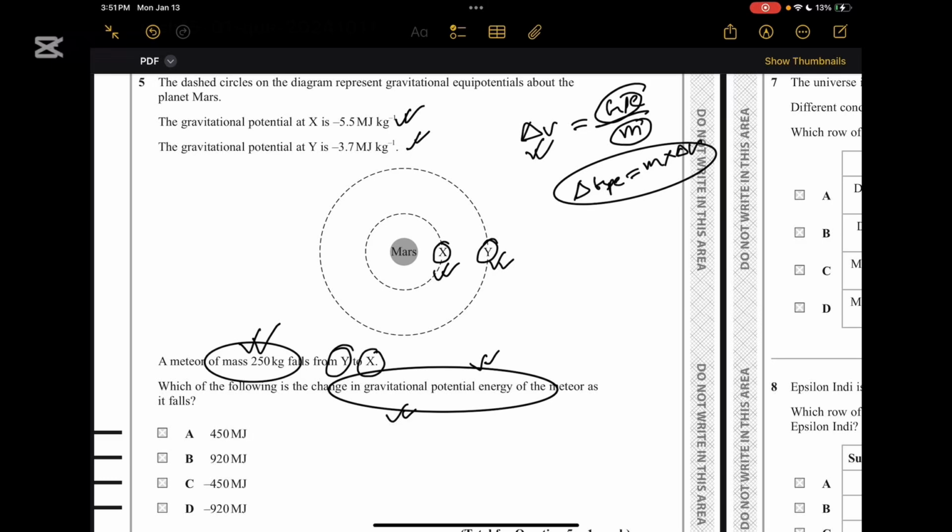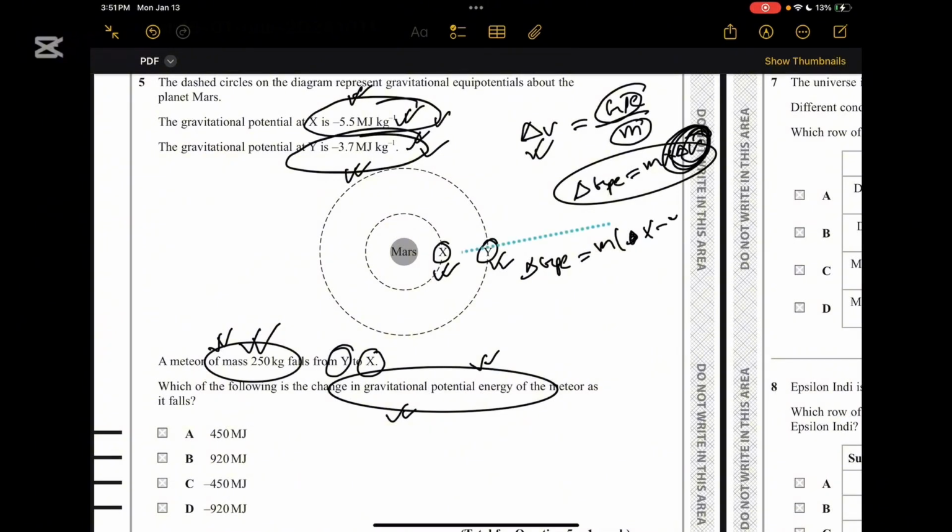So first of all we can figure out the gravitational potential energies from the given gravitational potentials. They have the same mass but the V is different, one is this and the other is this. So we can write delta GPE is equal to mass times delta V, let's say x minus y, the potential at x minus y.